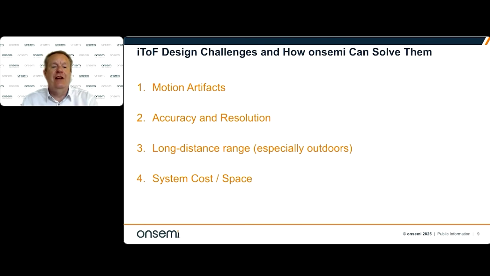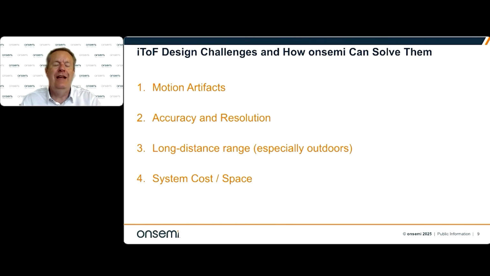Long distance range, back to my example that I was showing you on that inspection line, where you've got varying distances from something which is close up to something which is long distance. Traditional iToF today, as I mentioned in my introduction, can go out to a few meters, perhaps up to 5, 6, 7, 8 meters.